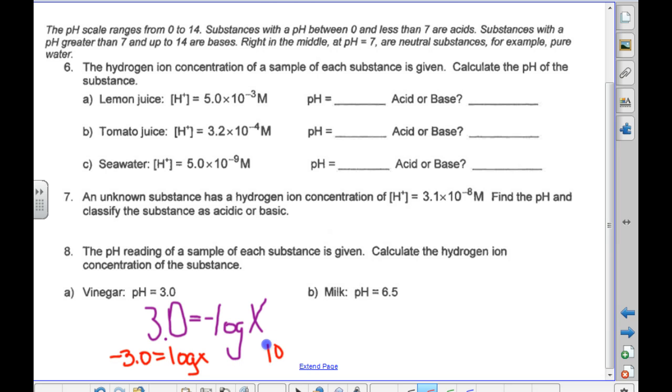Yep. And then that just means 10 to the negative third is the hydrogen ion concentration. And the label on this section is moles per liter. If I could write. Okay, does that help? All right.